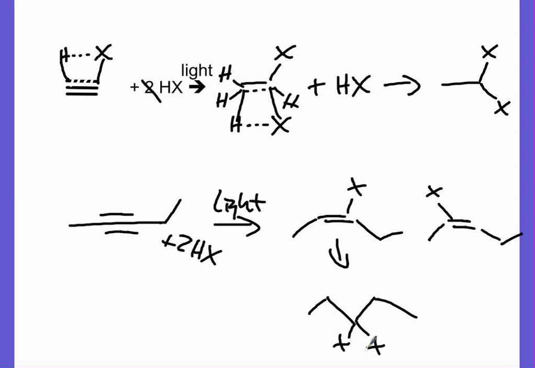But both halogens always go to the same side. But that doesn't mean you can only get one product. Because at the end of the day here, I can make 2 different products. One has both halogens on the 3 carbon in the middle, the other has both halogens on the 2 carbon, and they are different from each other, so that's a possibility.